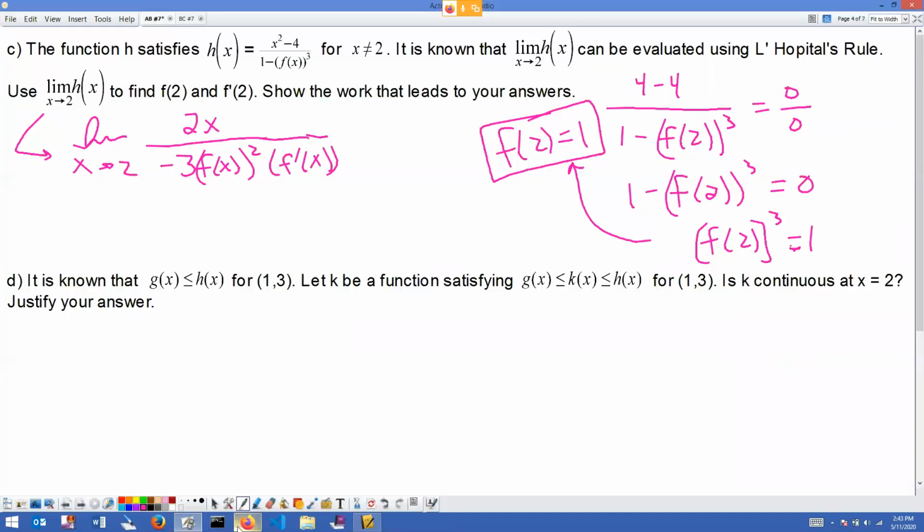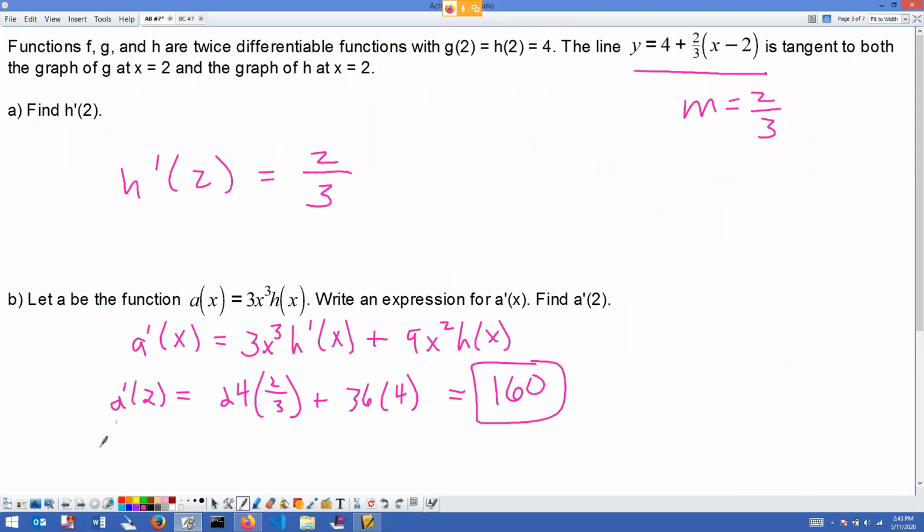Okay. And so now we need to think about some of the information that's been given to us here. And if we think back to the beginning of the problem, it told us that g of 2 and h of 2 were both equal to 4. So we know that h of 2 is 4, and we know that h is a differentiable function, which means that h is a continuous function.